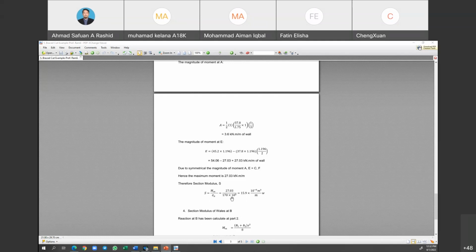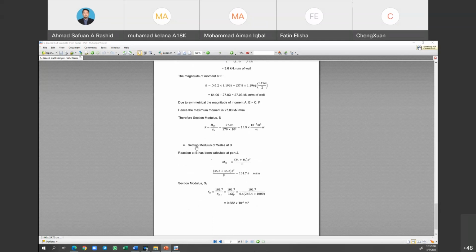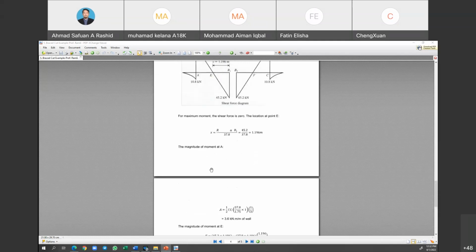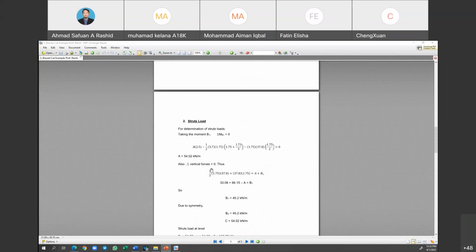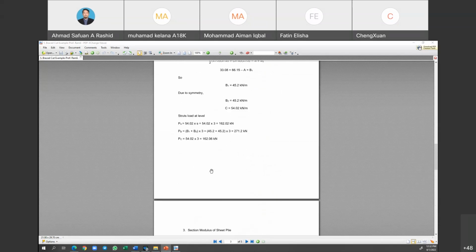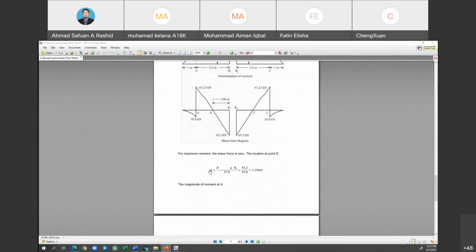That is for the section modulus of the sheet pile.